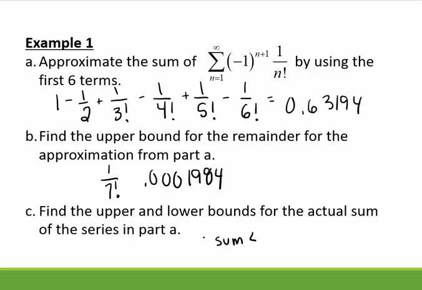Since our series alternates, this is what we said the sum is for the first 6 terms. I can subtract the remainder to get the lower bound, and then we add the remainder to get the upper bound. So I know that our sum is going to range somewhere in between there.